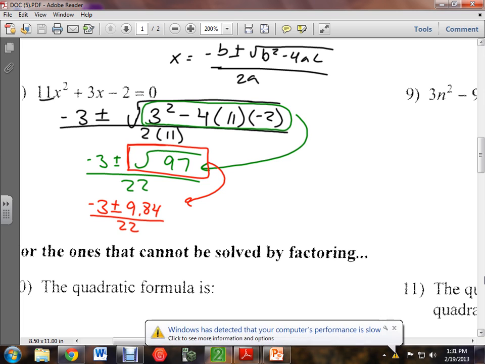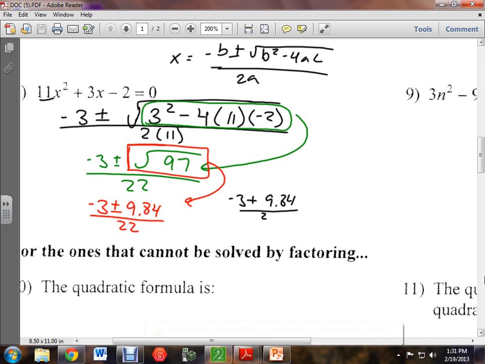Now I need to do two things from here. I need to do the plus and the minus version. So the plus version says negative 3 plus 9.84 over 22. Negative 3 plus 9.84 is like 6.84. 6.84 divided by 22 is going to be a small decimal.